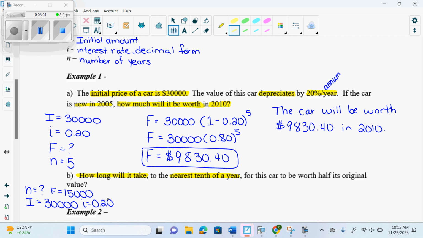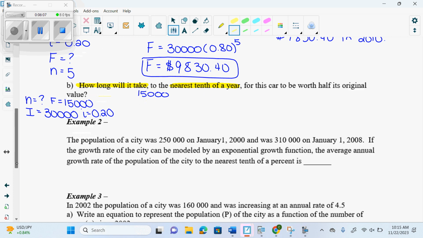So let's fill in what we know. 15,000 equals 30,000 bracket 1 minus 0.20 to the n. Now, if you do this every time, you'll be in good form.